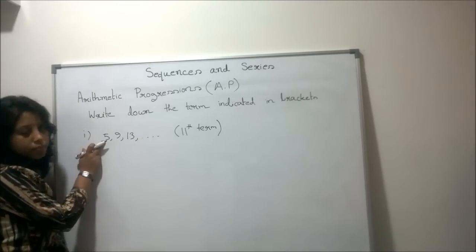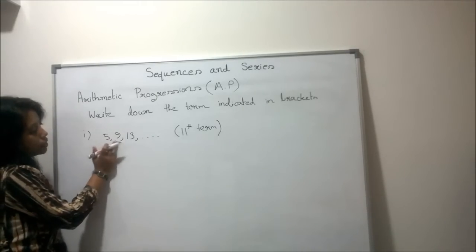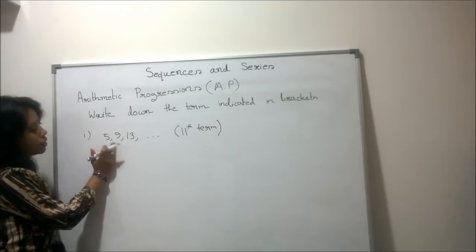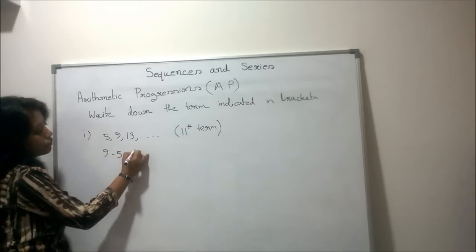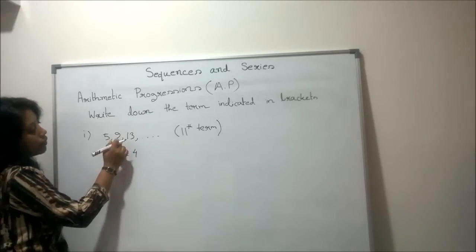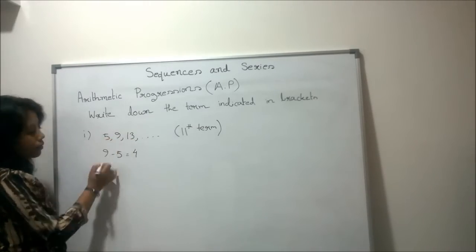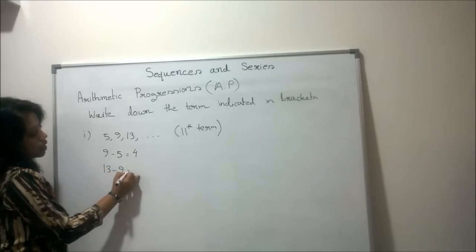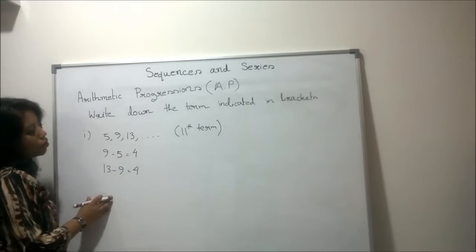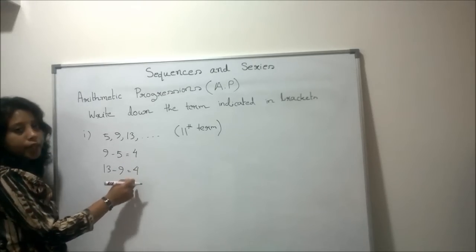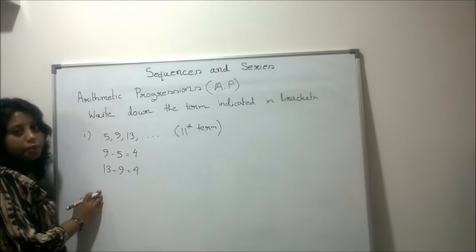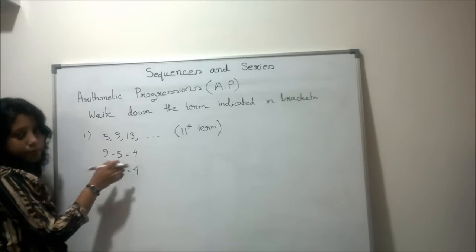This is the first term, and the difference between the second term and first term is how much? 9 minus 5, that means 4. The difference between the third and second, 13 minus 9, is also 4. So the common difference is 4. From here we can say that this is an AP, arithmetic progression.